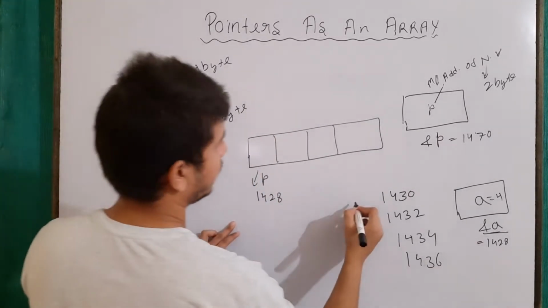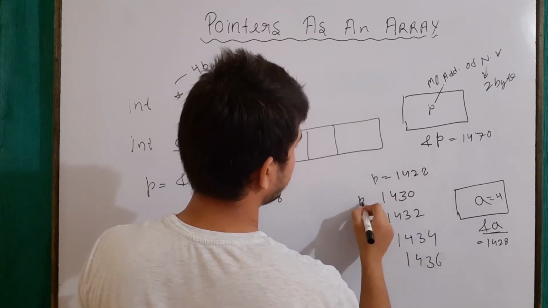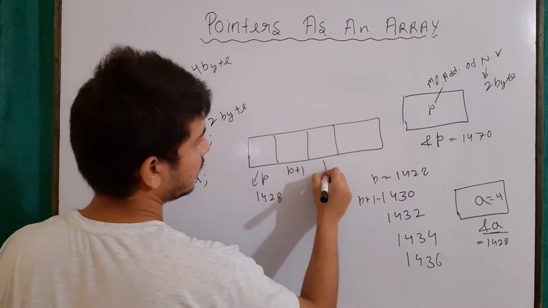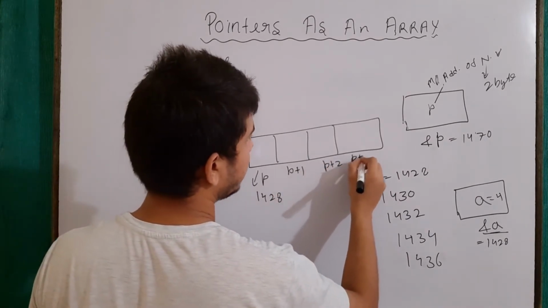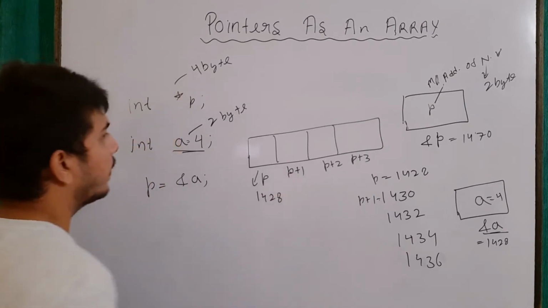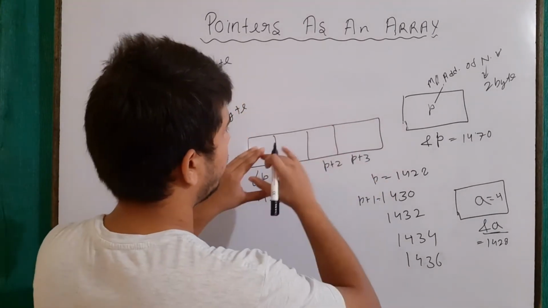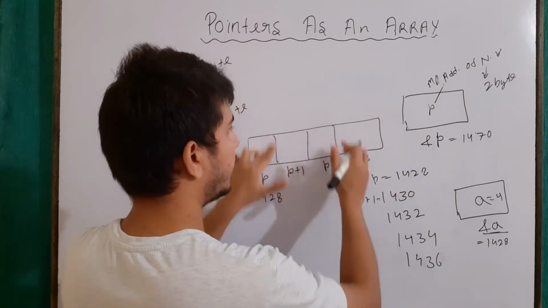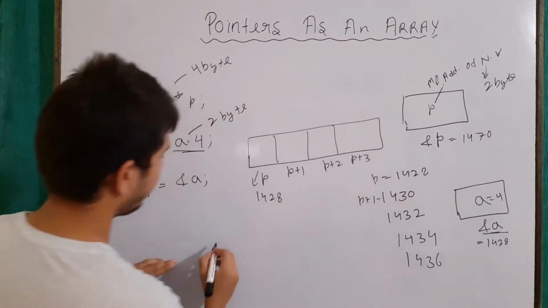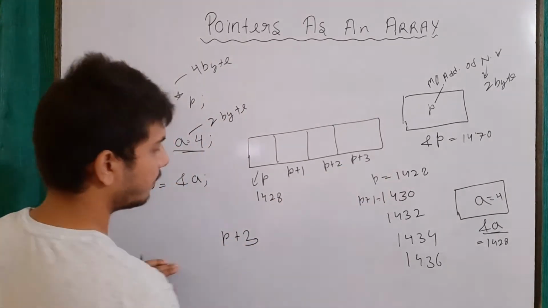Then p was 1428, p plus 1 was 1430, this was p plus 2, this was p plus 3, and so on. So now I can access any particular address in this contiguous memory layout. For example, if I want to access this memory location, I will write p plus 2, and for this I will write p plus 3.